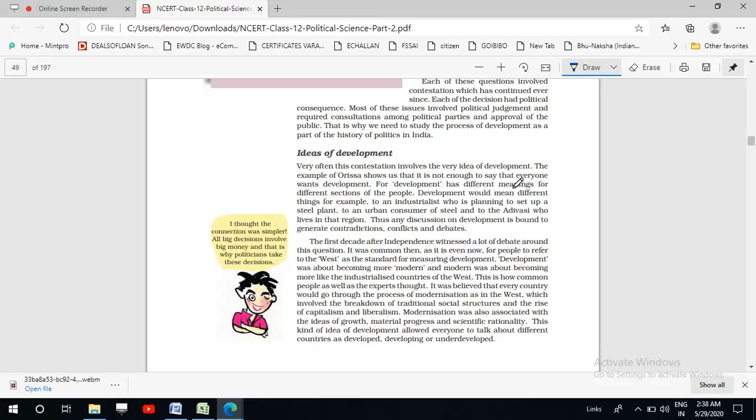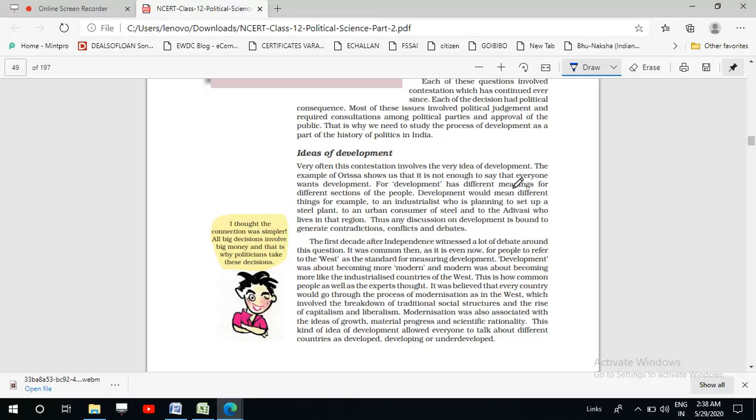In the case of Odisha, we have seen this. For tribal people, what is the idea of development? The idea of development is that their place of living or their livelihood should not be snatched from them. They should not be displaced.